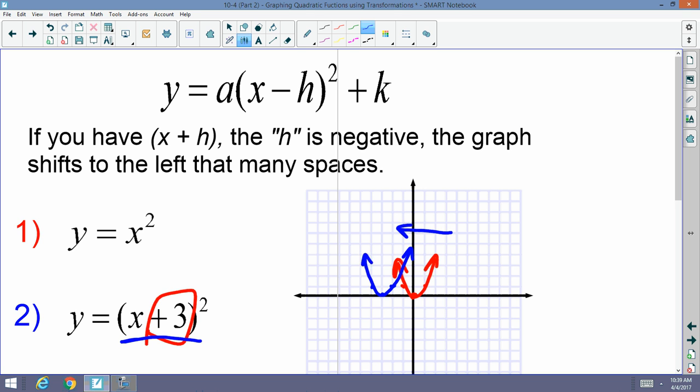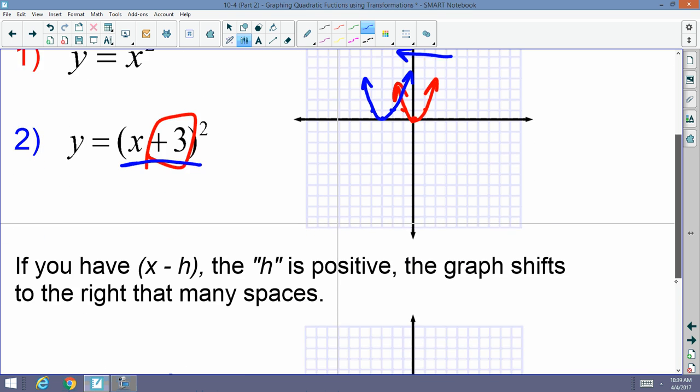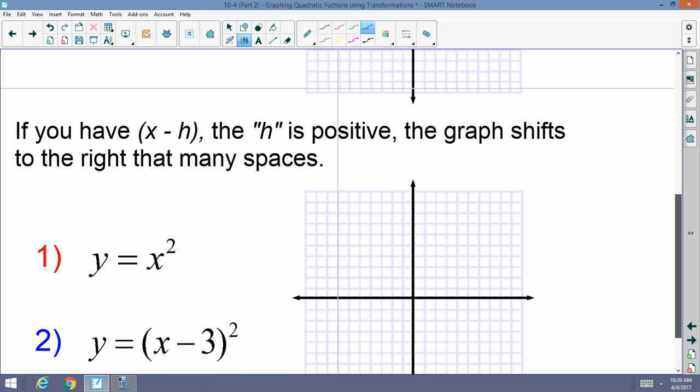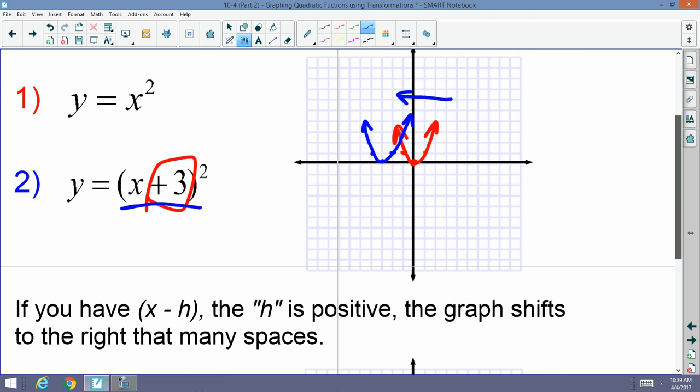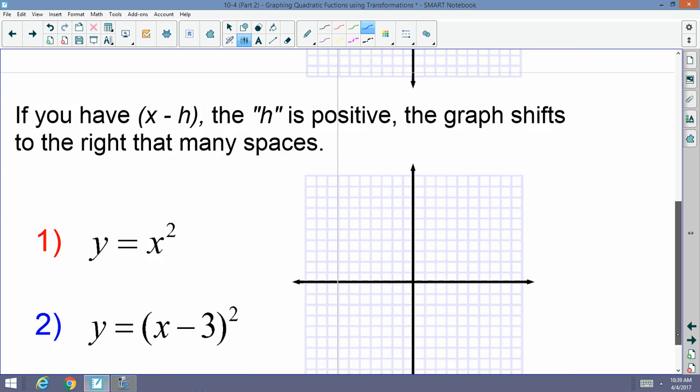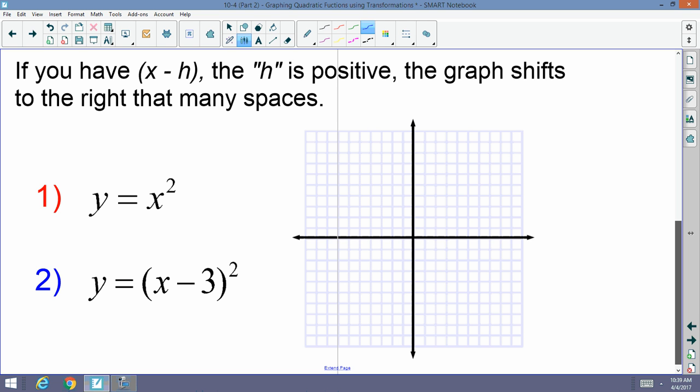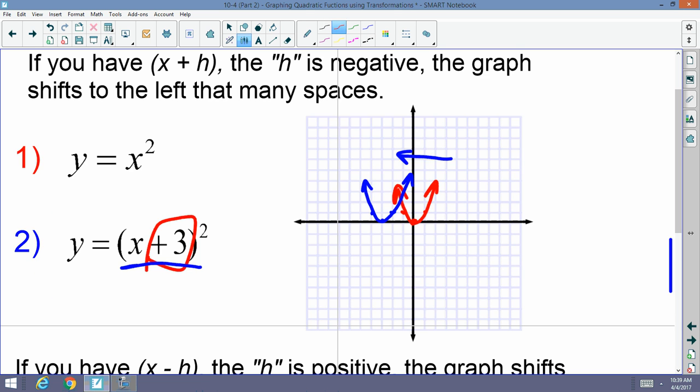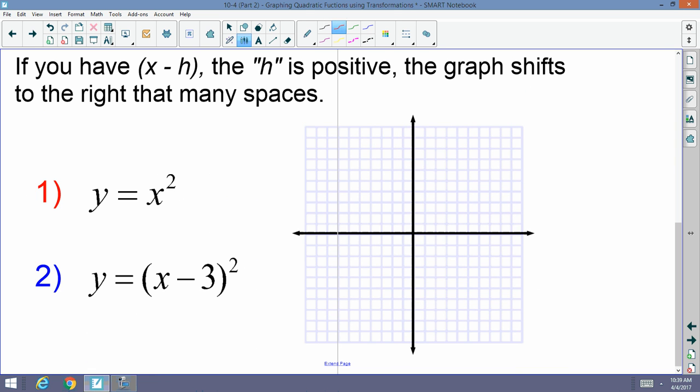Exact opposite for when it's x minus h. If you have x minus h, that means that the h is positive. And if the h is positive, that means you shift the graph to the right. Again, my parent function, 0, 0, 1, 1, -1, 1.